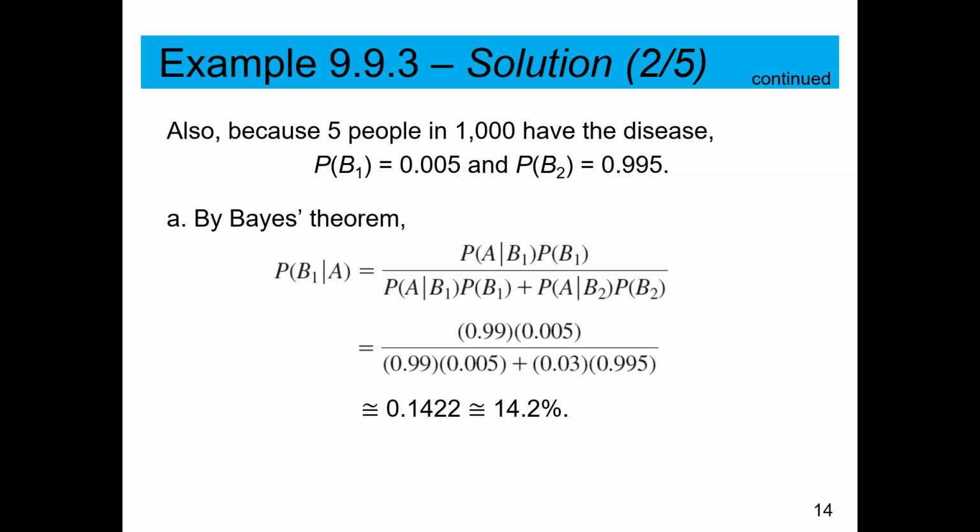The probability that a person with a positive test has the disease is actually 14.2%. So if I get a positive result, there's only a 14.2% chance that I actually have the disease.